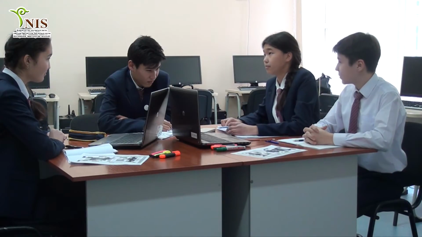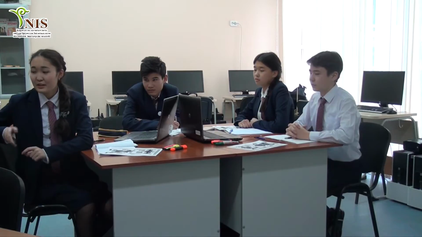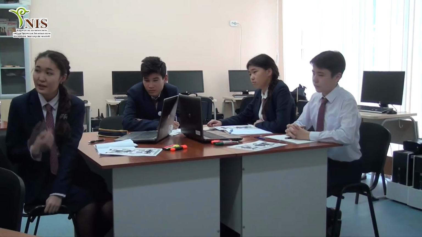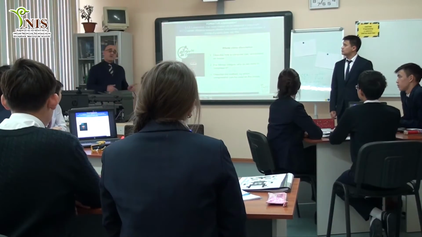Aizada, why can't we use BMP format? We can't use BMP because BMP can be used only for black and white pictures, but this picture has 5 colors, therefore it uses only JPEG.